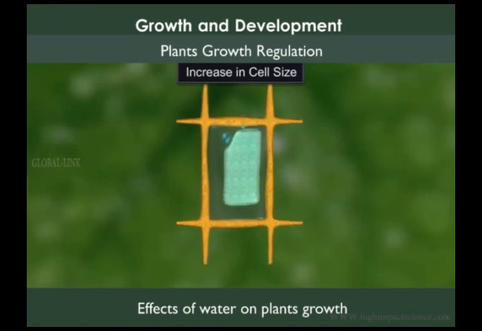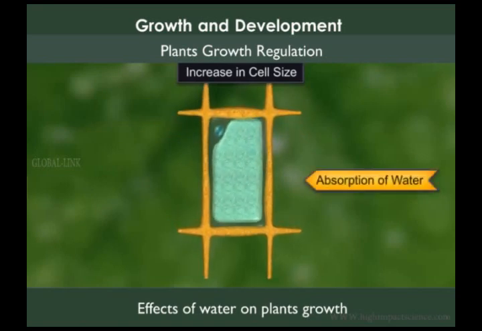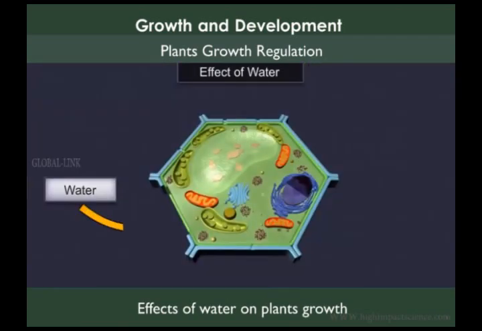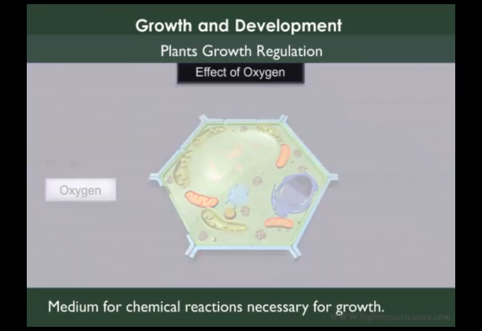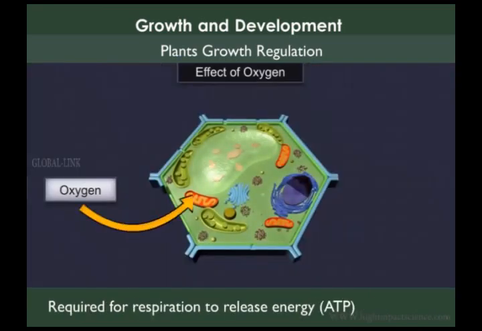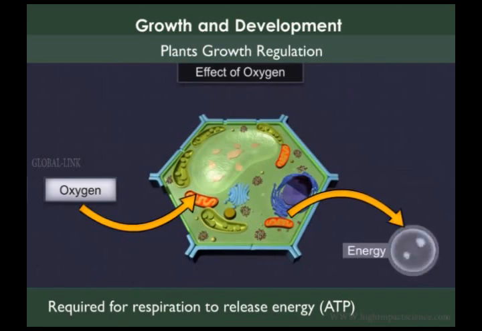The increase in cell size is due to absorption of water. Water also acts as a medium for chemical reactions required for growth. Oxygen is required for respiration to release energy.